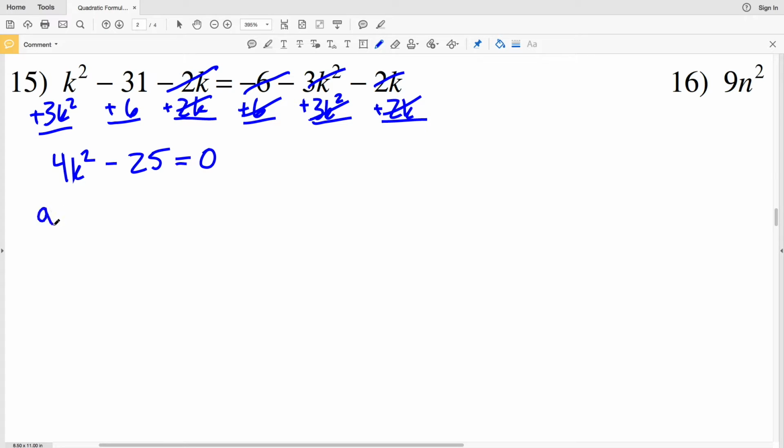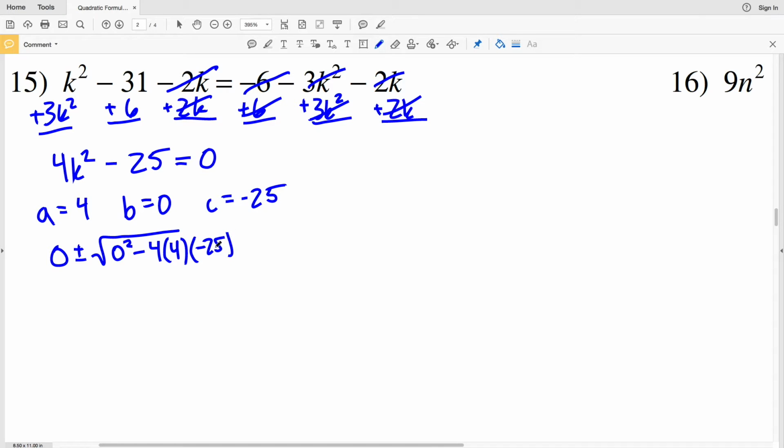0. So my a value is positive 4. My b value is 0, since I got 0k, and my c value is a negative 25. So the opposite of b, the opposite of 0, plus or minus the square root of 0 squared minus 4 times negative 25.